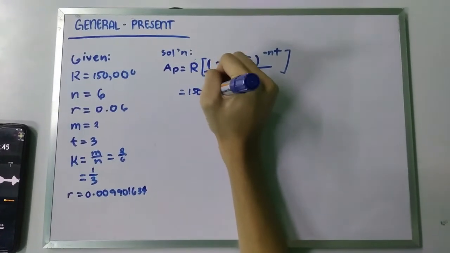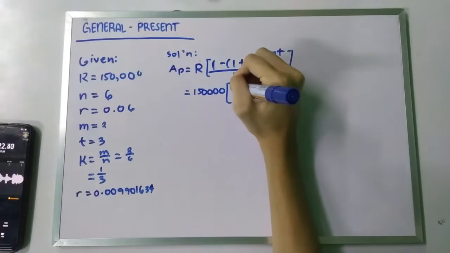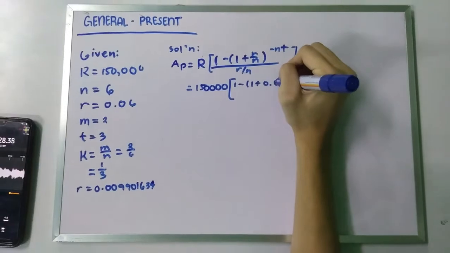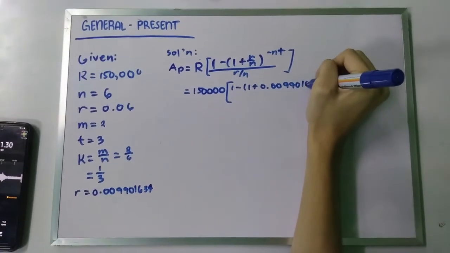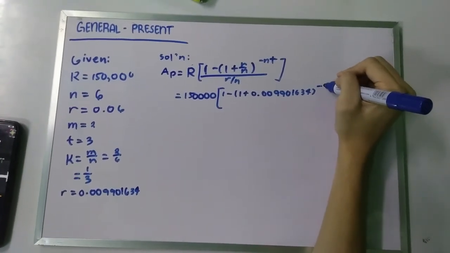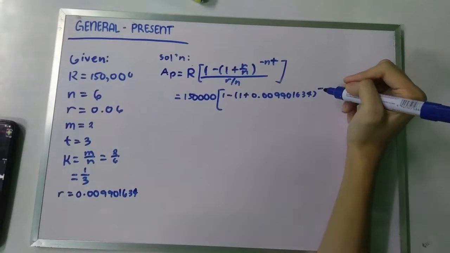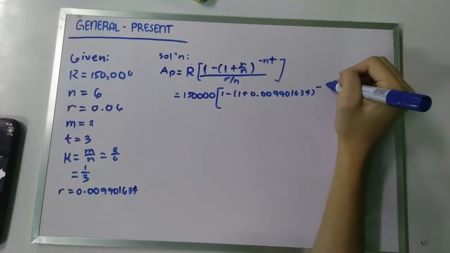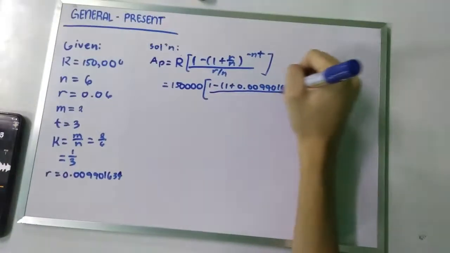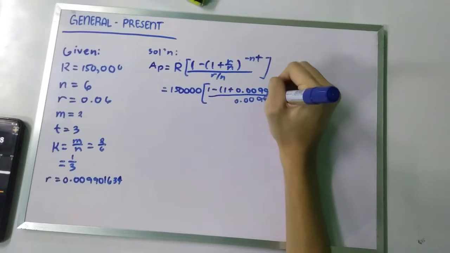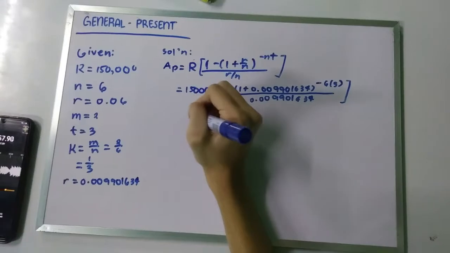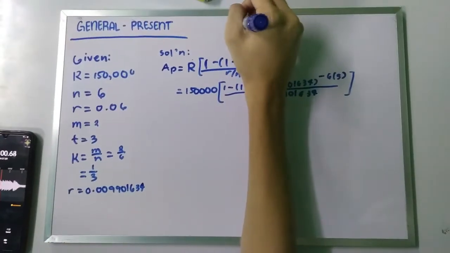Then we have 150,000 times 1 minus quantity of 1 plus 0.009901634 to the power of negative 6 times 3, all over 0.009901634.